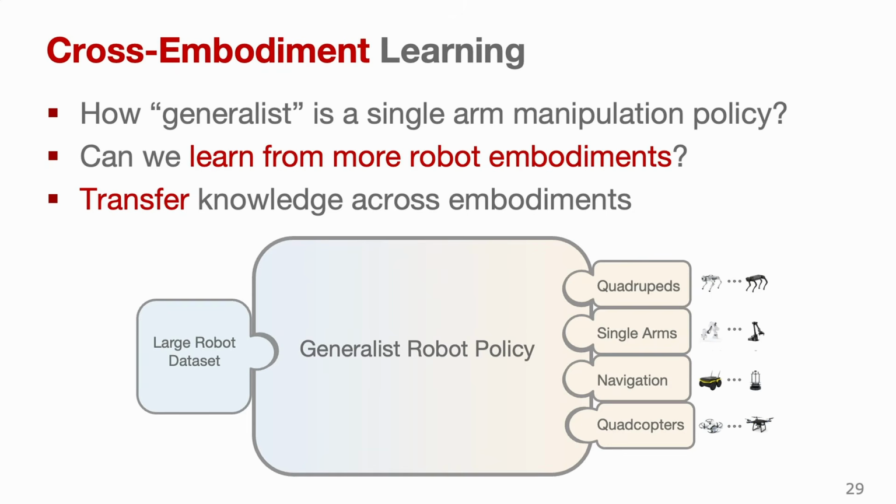So you can imagine, for example, that navigation data could transfer a behavior to drones by learning how to avoid obstacles, because it's a common behavior, no matter if it's a navigation robot like a Roomba, or an indoor drone, for example, right?